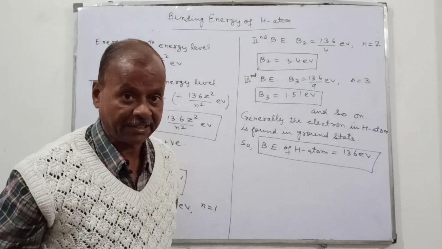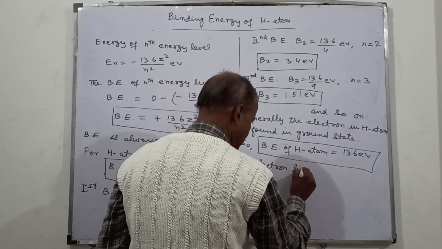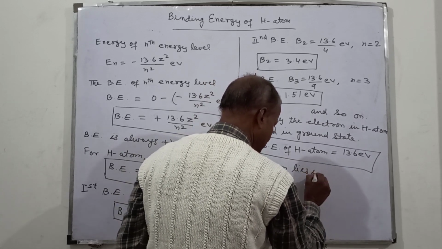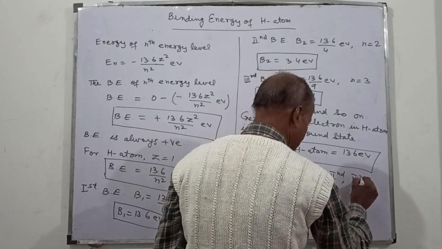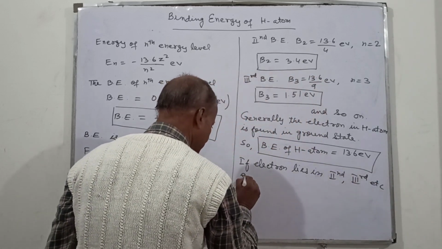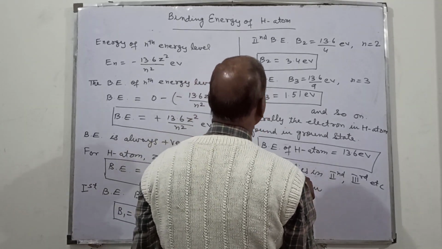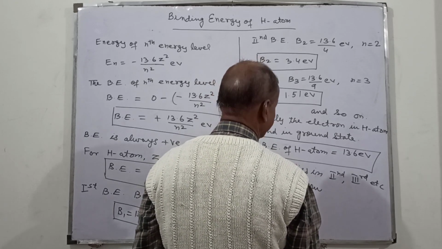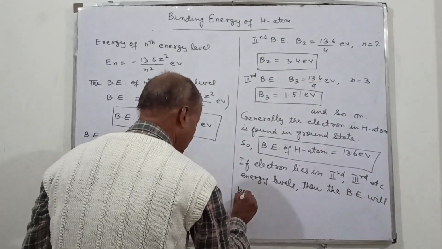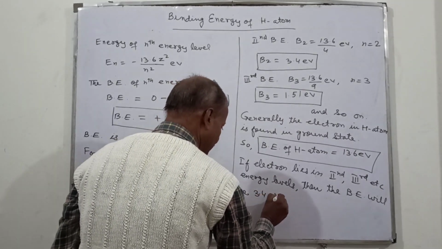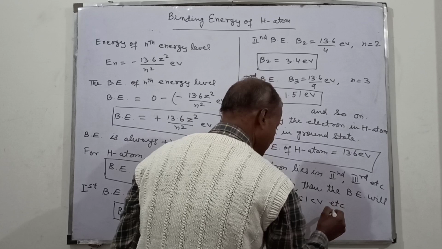If, however, the electron is found in some excited state, if the electron lies in the second, third, etc. energy levels, then the binding energy will be 3.4 electron volt, 1.51 electron volt, etc., respectively.